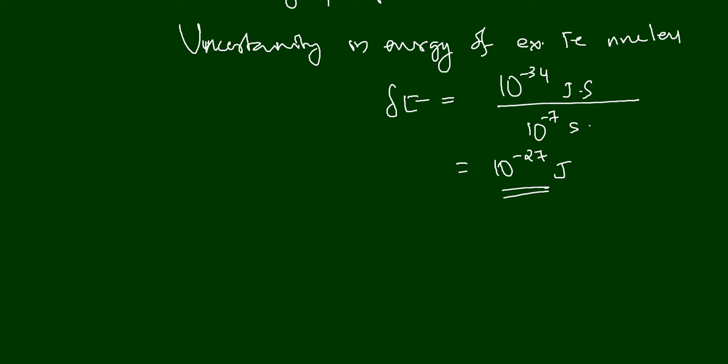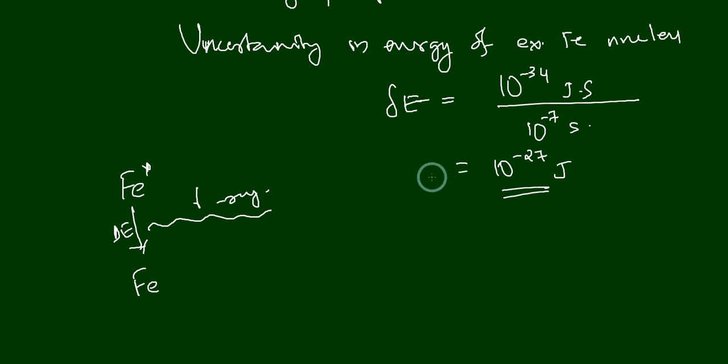The excited nucleus Fe star is coming back to the ground state, and during this process the gamma ray is emitted. So the frequency of the gamma ray depends upon the difference in energy between the excited nucleus and the ground nucleus. But we have already shown that there is an uncertainty in the energy of the excited nucleus. Therefore, corresponding to this uncertainty in energy, there will be an uncertainty in the frequency of the gamma ray also.